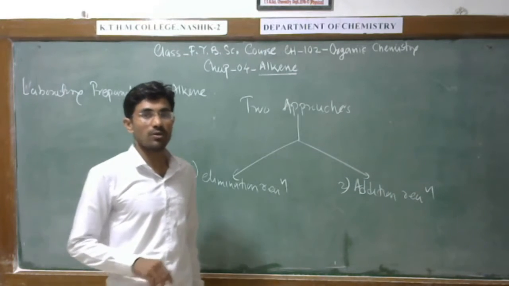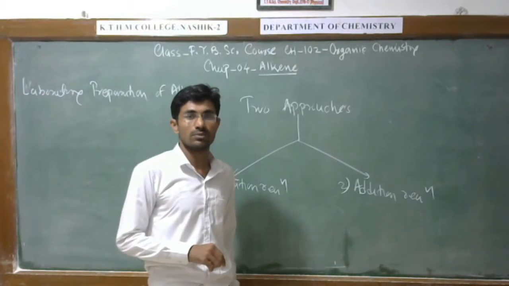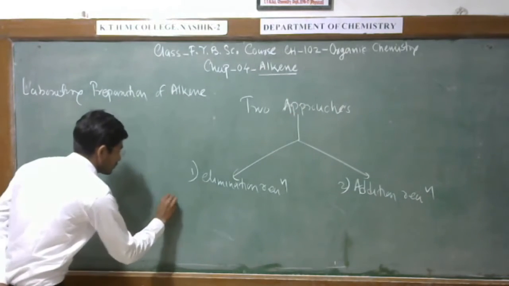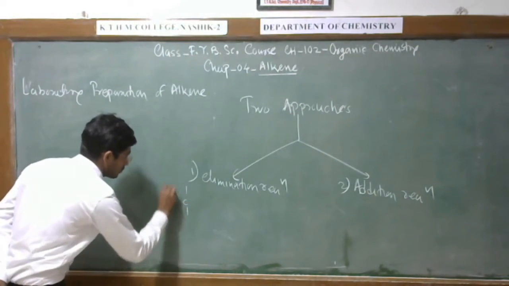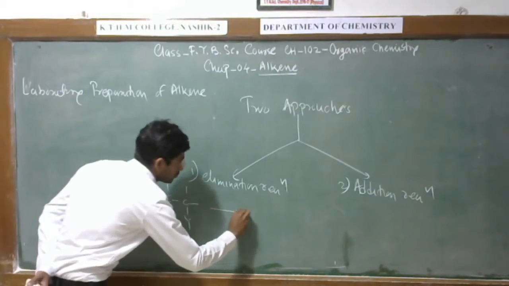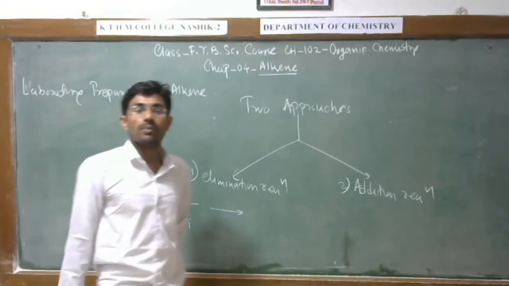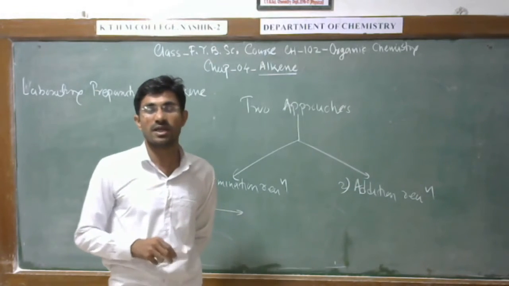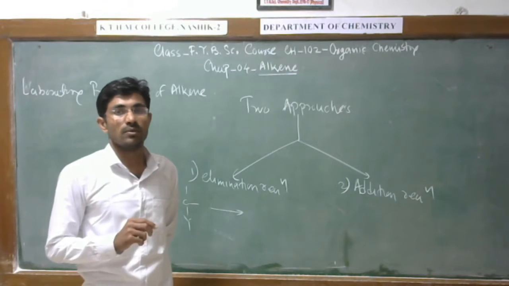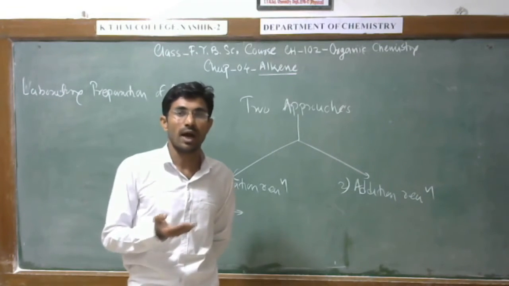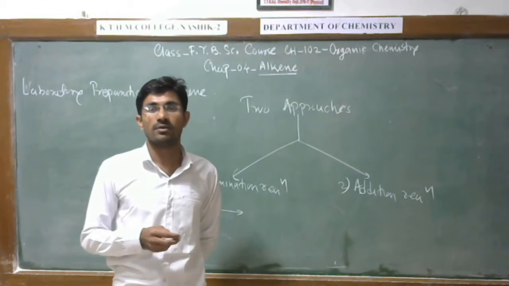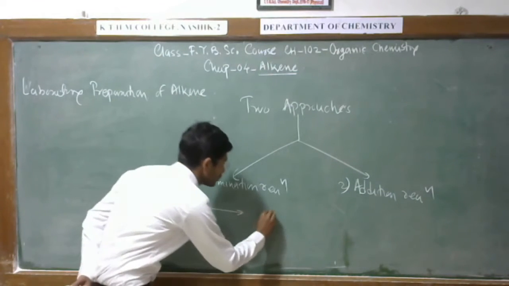So when adjacent atoms or groups, X and Y, are eliminated, we get the alkene compound.